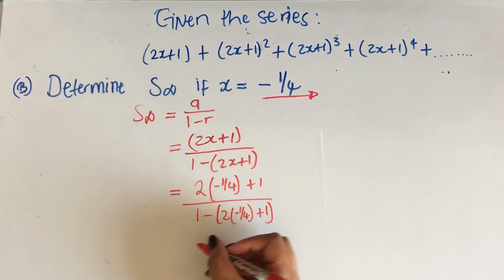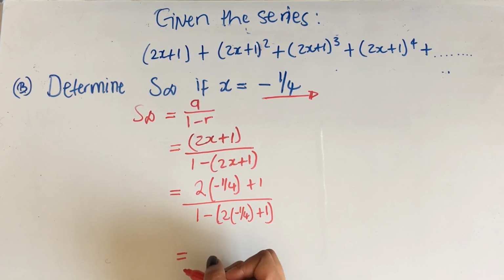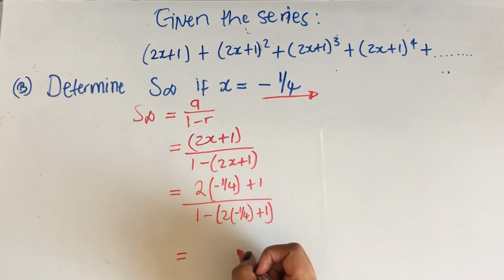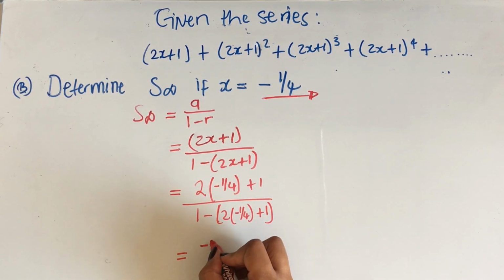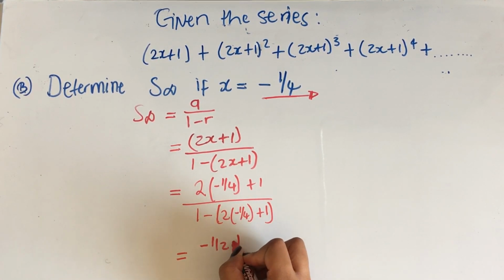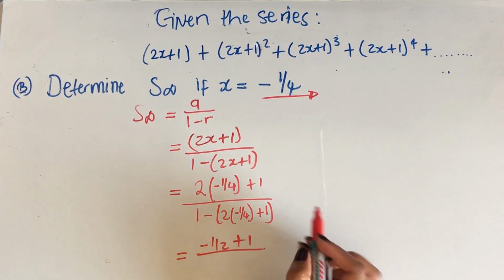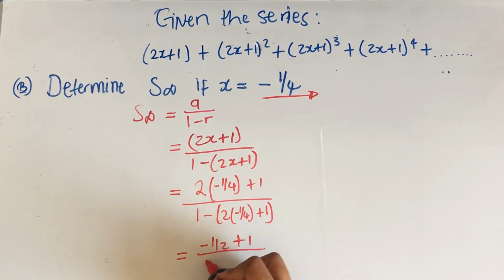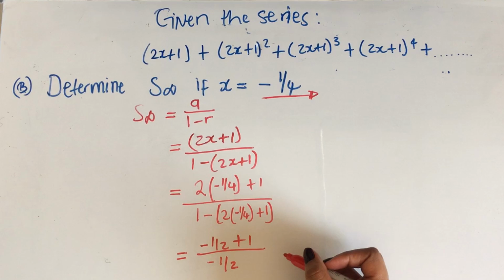Okay. And if we say 2 multiplied by negative 1 over 4, we get a negative half plus 1, divided by, that one will cancel with that one, so we'll be left with negative 1 over 2, because we'll be left with half there.